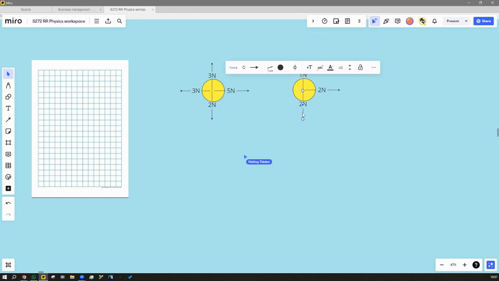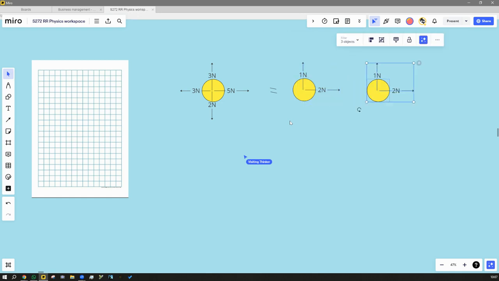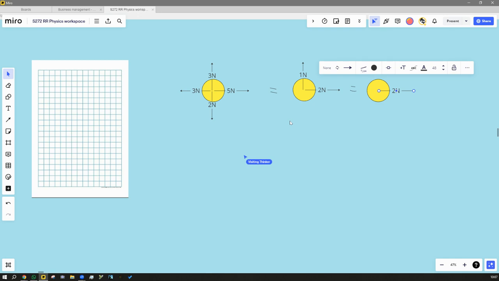When we think about it in that way, we can get a rough idea that the resultant force is clearly going to be somewhere like that. Let's just get rid of some of these.